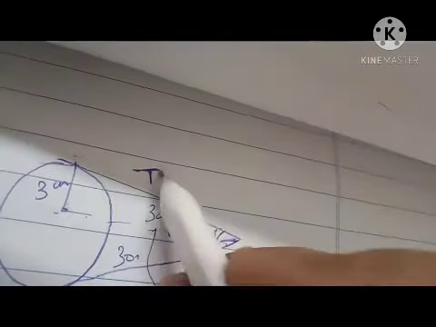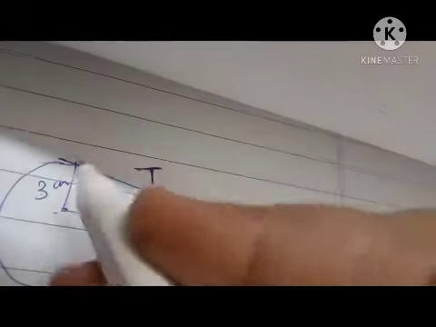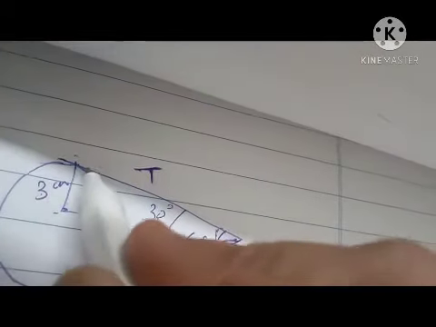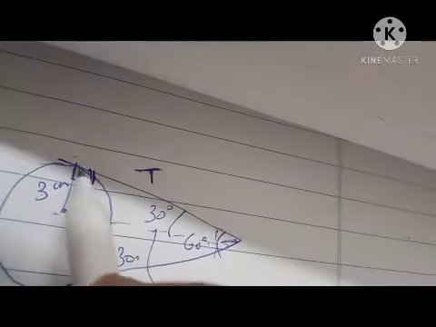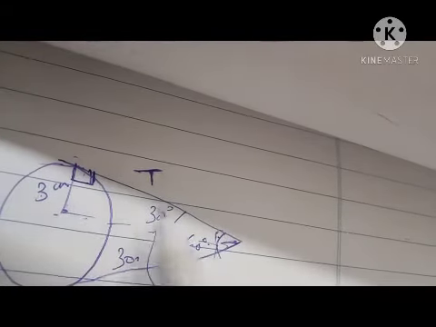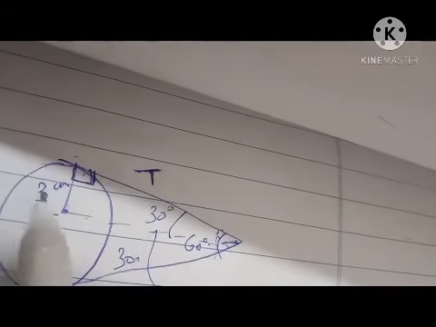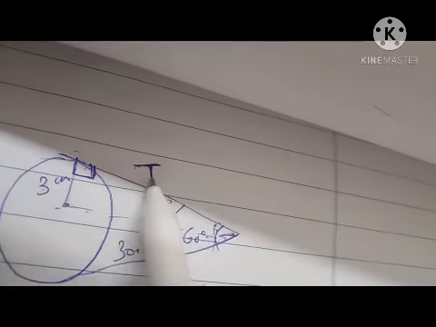Here we have to find the length of the tangent. We can write it as t. Opposite side is given as 3 centimeter. Now we know that the tangent to the radius is right angle, so this is a right triangle. So here we have to consider this right triangle. The opposite side is given as 3 centimeter and the adjacent side we have to find.